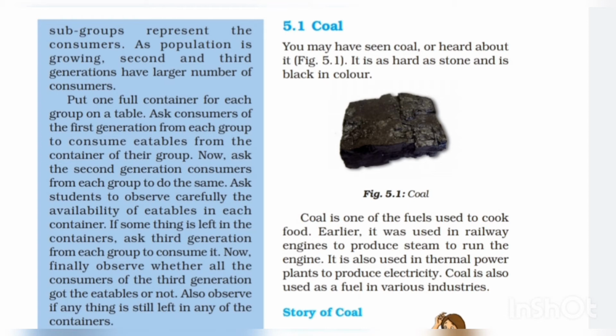If something is left in the container, ask the third generation from each group to consume it, meaning to eat it. Then we observe whether all the third generation consumers got the eatables or not, and also observe if anything is left in any of the containers.